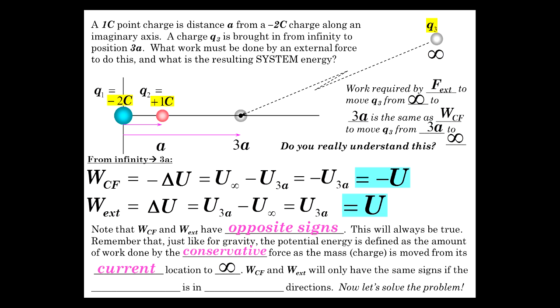So for gravity, if you move it from here to 3a, it's being pulled by gravity, so that work by gravity would be positive. If you move it from here to here, it's negative. So the conservative force work and the external force work have opposite signs if the directions are opposite. That's another way to think about it. Hopefully that's not too confusing. Let's solve this problem and sort this out as necessary.